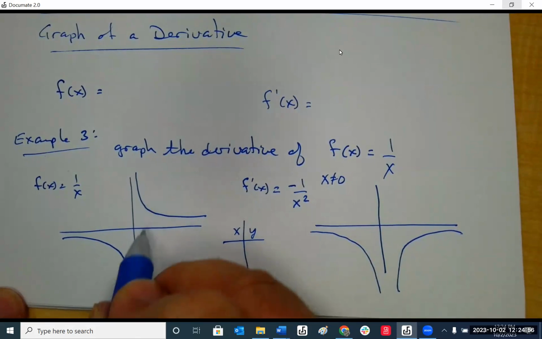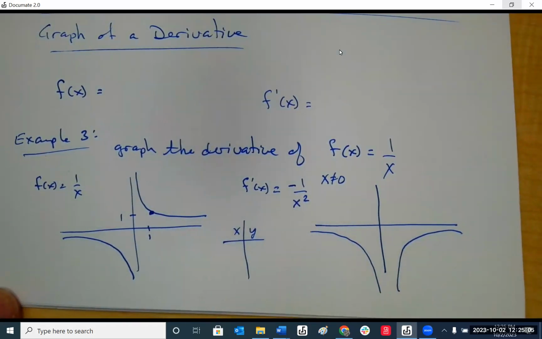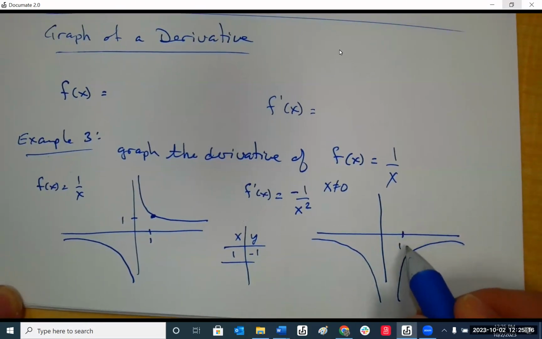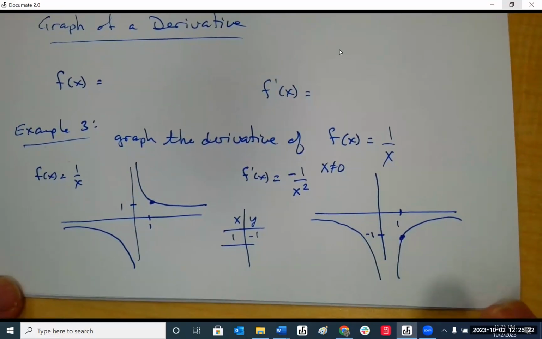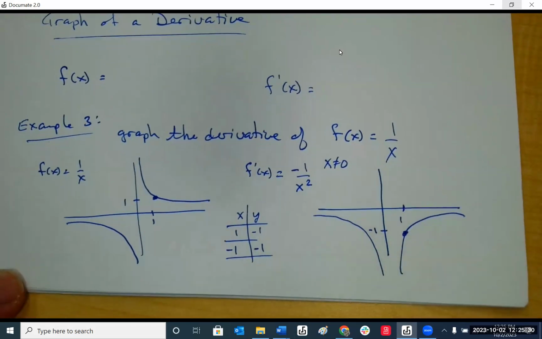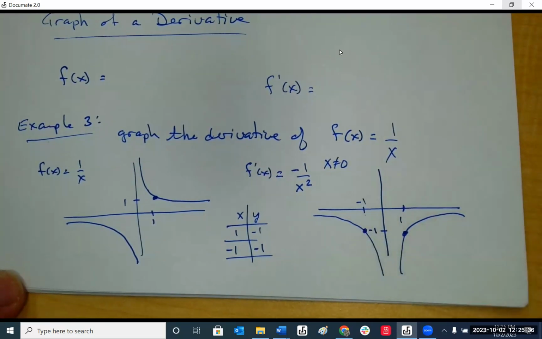And then what we have to do, for example, here at 1, what's the slope at 1? Here it would be -1. So at 1, the slope is -1. So we put a dot there. At -1, our slope is -1, so we put a dot there.